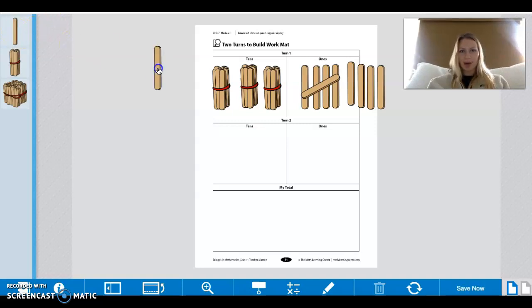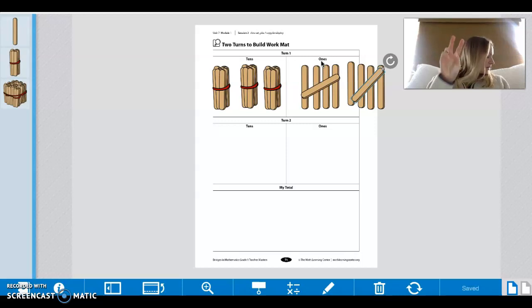If I add another popsicle stick, now I have a group of 10. Can these 10 ones stay in the ones column? Talk to your shoulder. What do you think? Yes or no? All right, come on back. I can't wait to hear what you said, but here's what I was thinking.